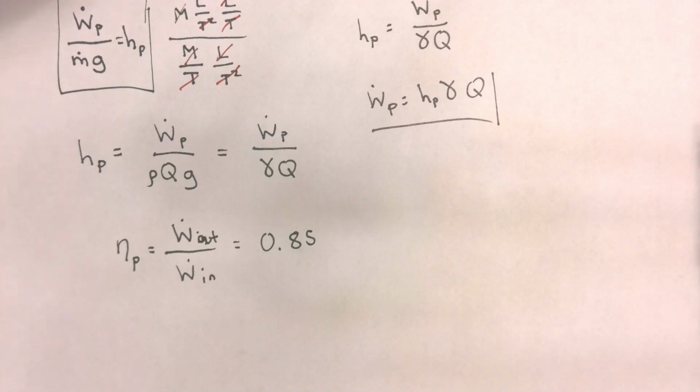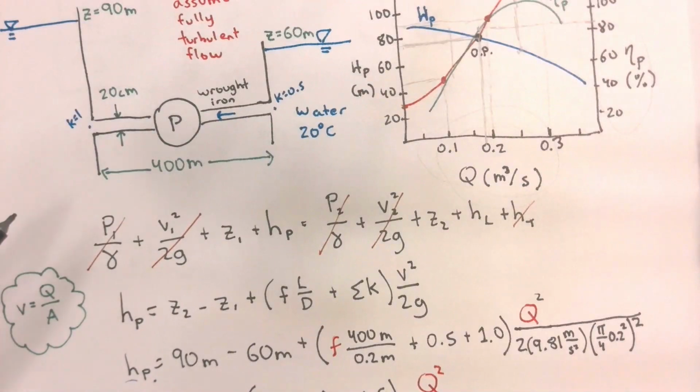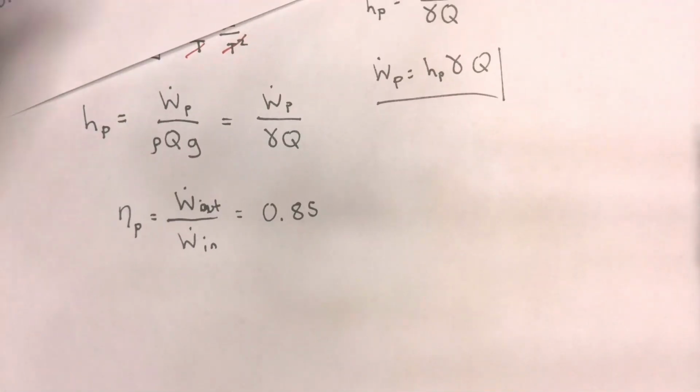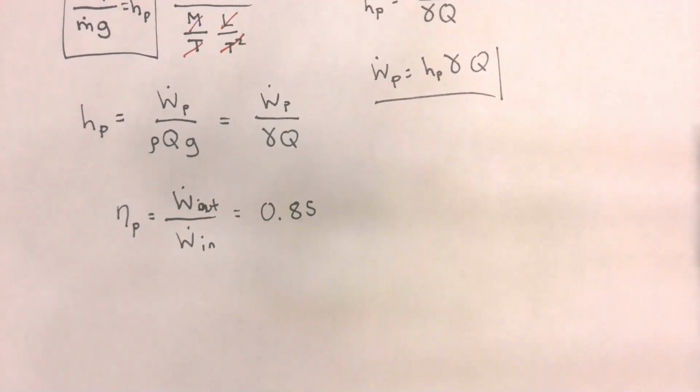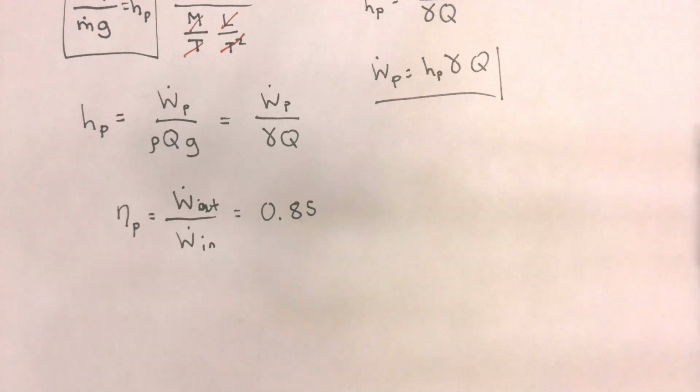Now, Darby, just remember you were talking about the minor component through the pump. We don't really need it, again, because we quantify it in the pump head, and that itself is eventually included as part of the efficiency. So any energy loss that occurred throughout the pump is accounted for with this efficiency. So now, if we want to find the power requirement for the pump, that is my power in.